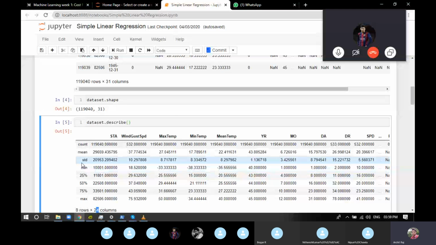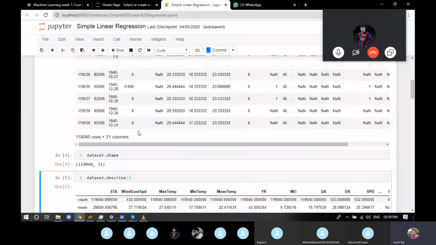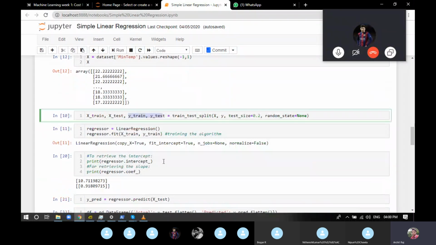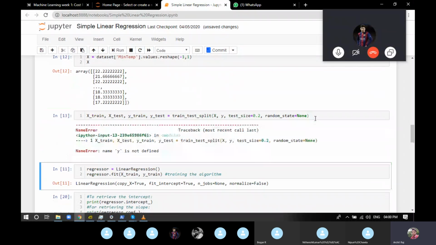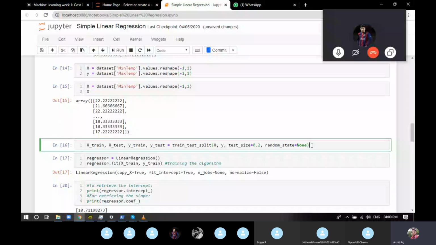X training and x testing are similar things. For each and every value of x, whether in x training or x test, you have the value of y. Let me just execute this line and look at x train.